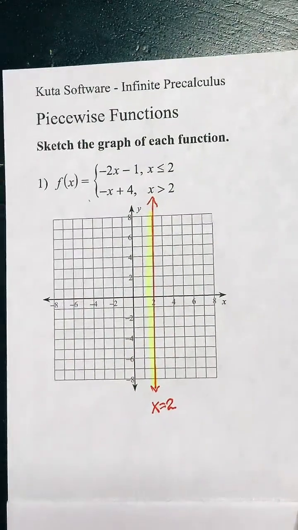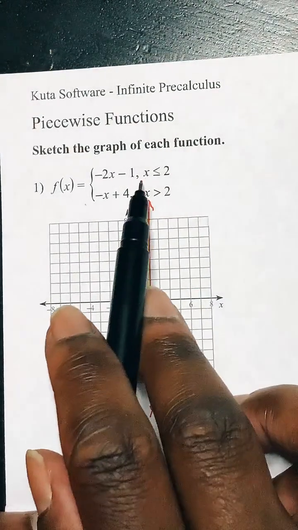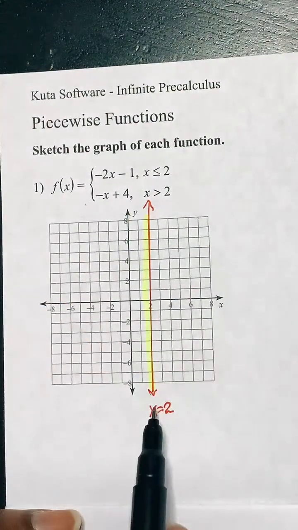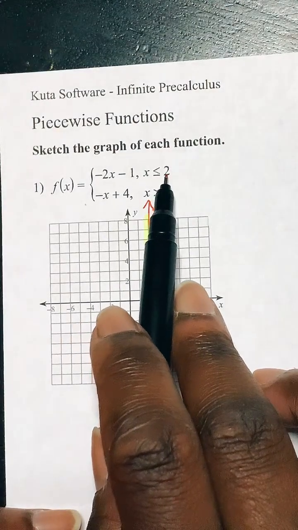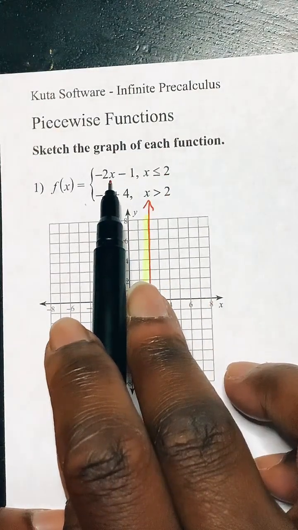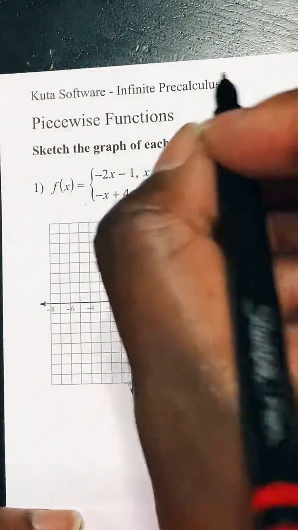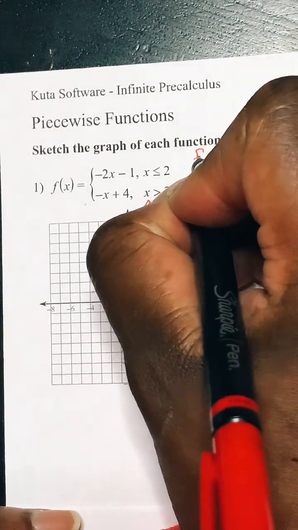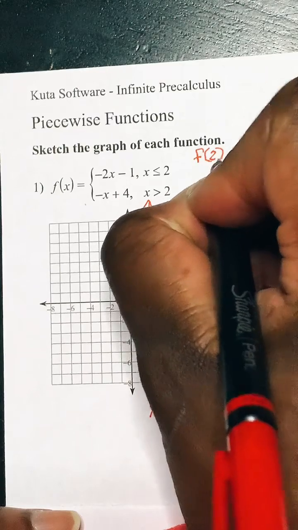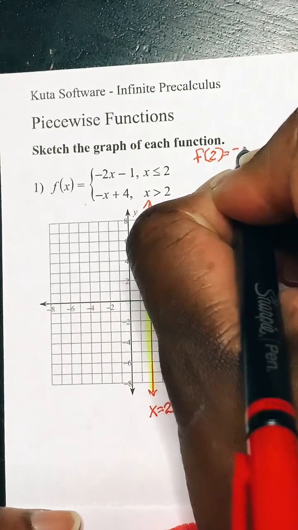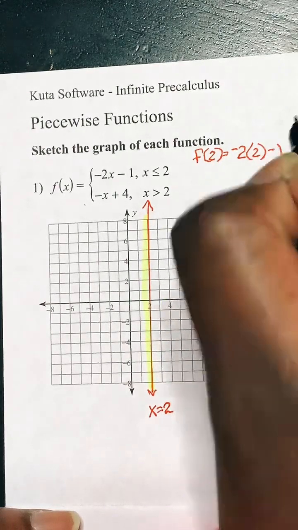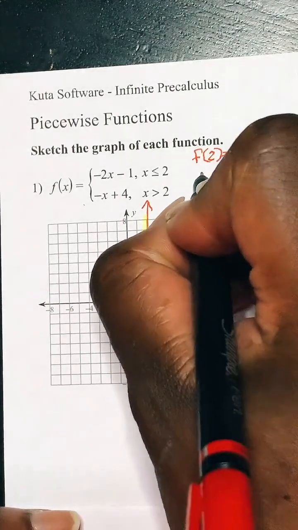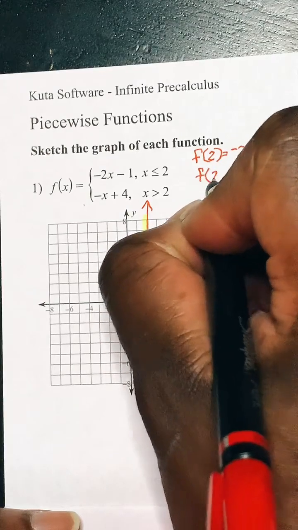All right. So now for us to figure out what point should go on that boundary line, we're going to substitute the 2 inside of the expression. So if we're talking about the f of 2, and we have negative 2 times 2 minus 1, what is my f of 2?